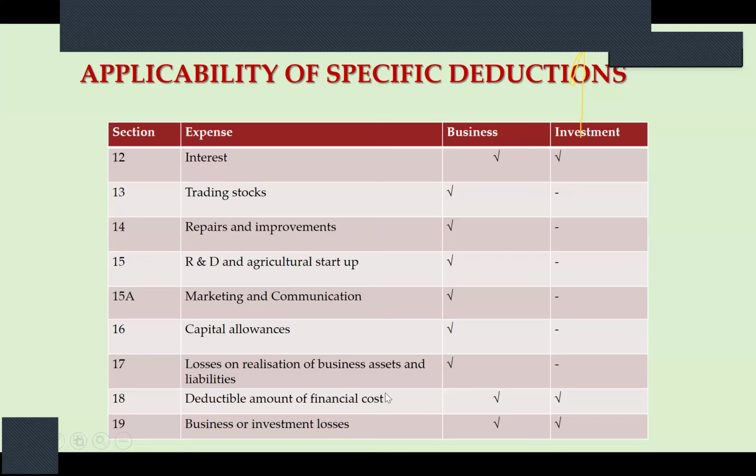In addition to that, when we are calculating investment income source, we can deduct some expenses, some specific provisions under section 12, section 18 and section 19. So these are available for business income and investment income.